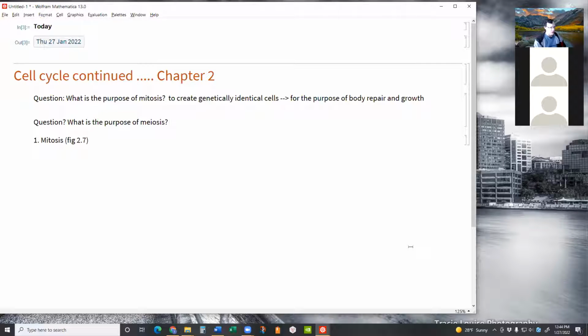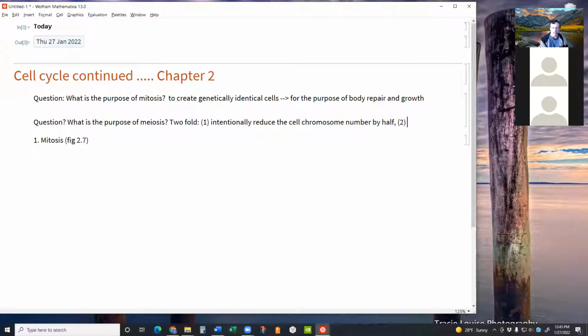So the purpose of meiosis is, I would say, twofold. One, to intentionally reduce the cell chromosome number by half. And secondly, to intentionally introduce genetic variation in those chromosomes.